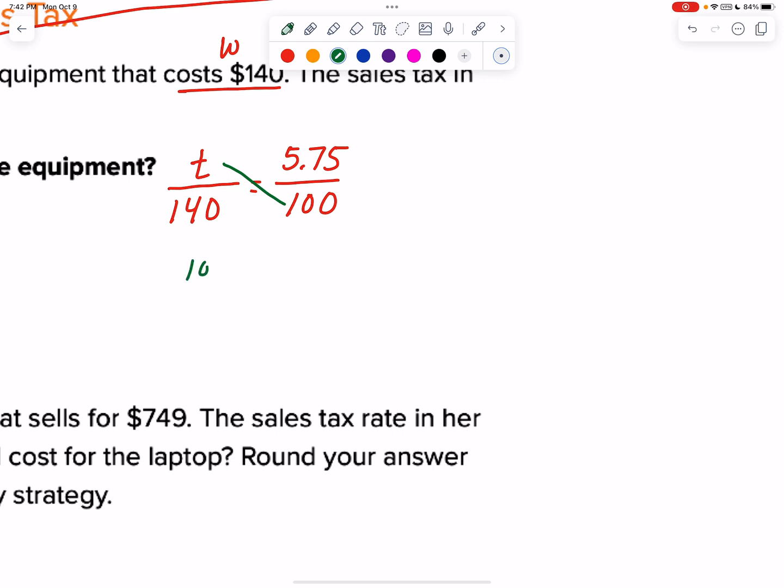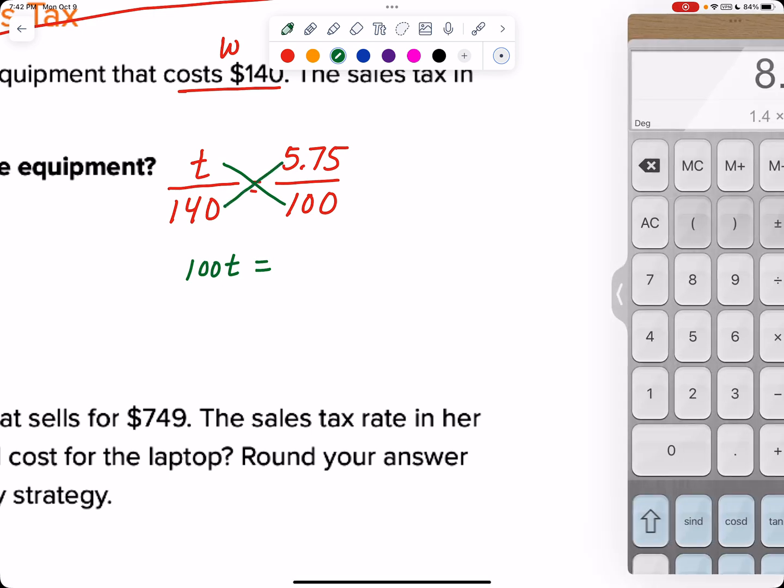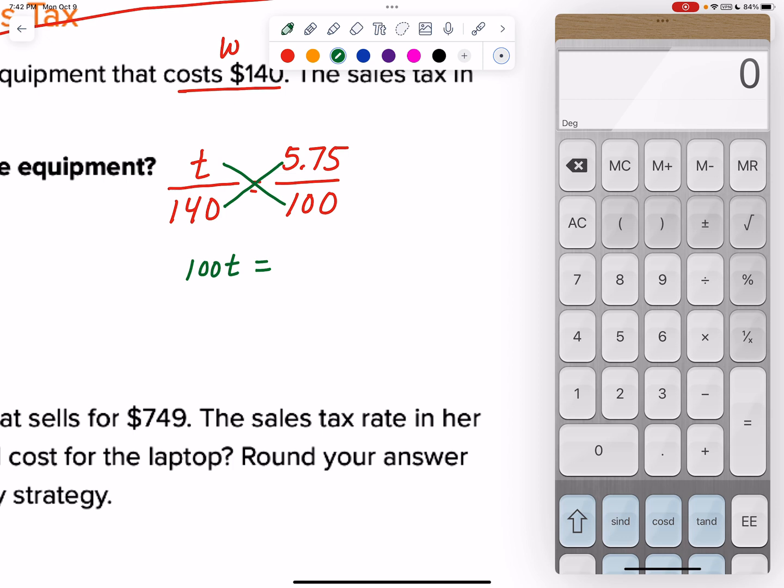So we have 100 times t equals, and then we can multiply this way. Means extremes cross-multiplying, 5.75 times 140, if you type it right, and we have 805. Now we need to isolate the variable. We're going to divide by 100 because we have 100 times t, so I'm going to divide 100 to both sides.